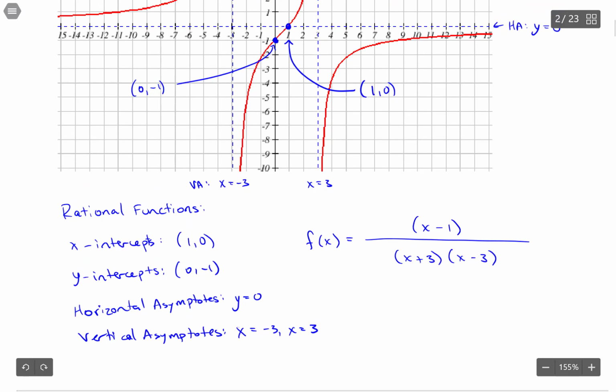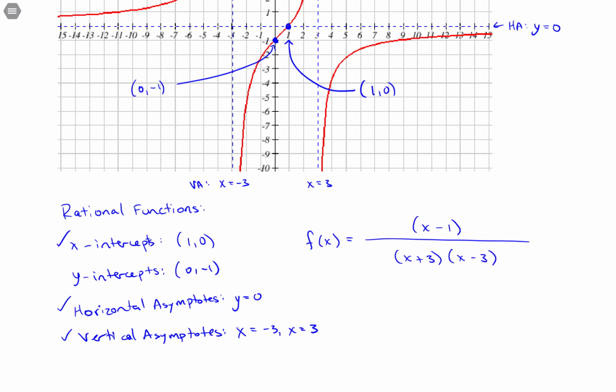And if you'll notice, having a horizontal asymptote at 0, the rules of horizontal asymptotes are that you have the degree of the numerator less than the degree of the denominator. And that is the case here. I have degree 1 in the numerator and a degree 2 polynomial in the denominator. So we're all set there. So we're done with 3 out of the 4 pieces here.